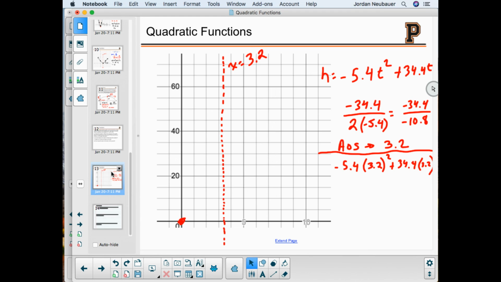That number multiplied by negative 5.4 is going to get me negative 55.29. So I'm going to round that, negative 55.3. Plus, if you take 34.4 and multiply it by 3.2, that gets you 110.08. Maybe we round that to 110.1.